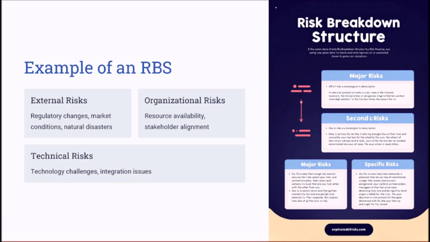Specific risks under these subcategories might include delays due to regulatory approval or supply chain disruption caused by market instability. Similarly, let's say we create organizational risk as a top level. Under organizational risk, subcategories might include resource availability and stakeholder alignment. This example demonstrates how the RBS organizes risks into manageable and actionable components.